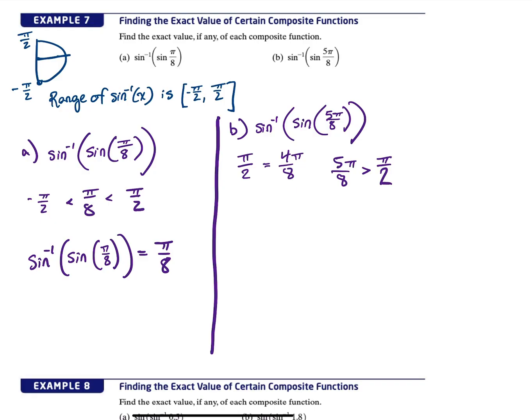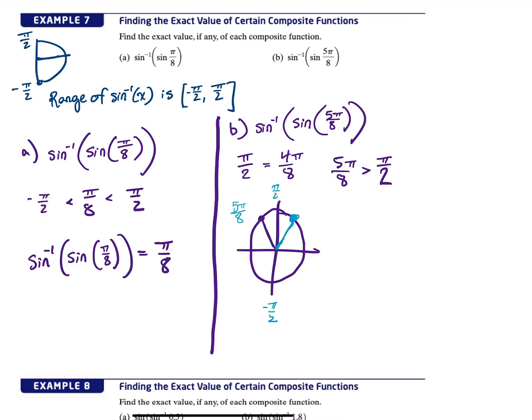Yeah, 5 pi over 8 will be over here, somewhere in the second quadrant. Let's say somewhere out here. And we're dealing with the sine, so we want to find some equivalent angle in the first quadrant, because we want to be between negative pi over 2 and pi over 2. There's some equivalent angle in the first quadrant that has the same sine value, because they're on the same horizontal line.